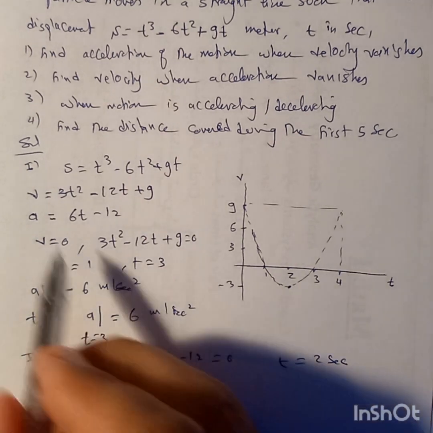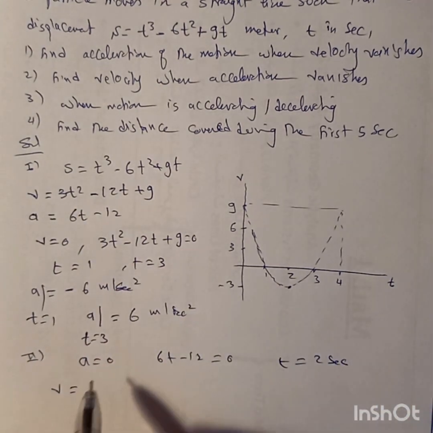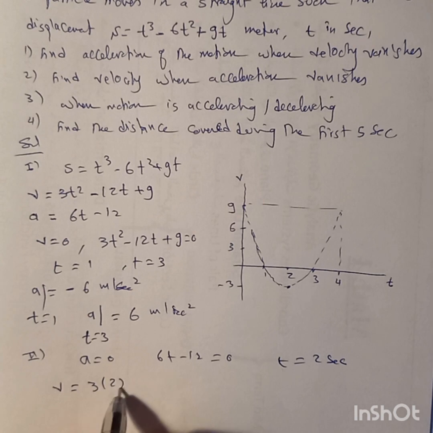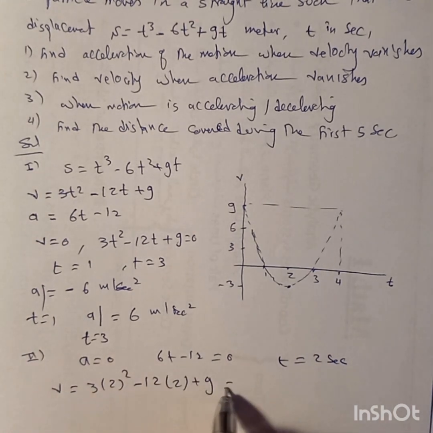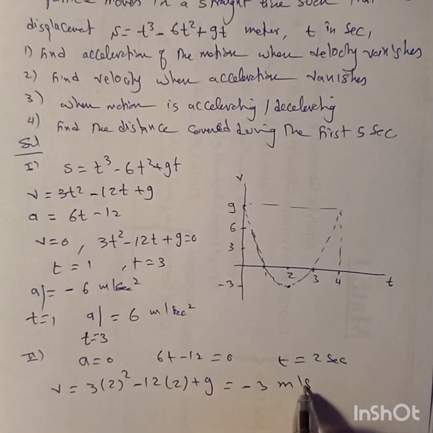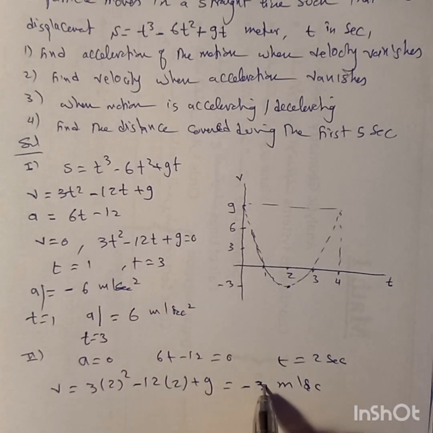Substituting, v equals 3 times 2 squared minus 12 times 2 plus 9, which is negative 3 meters per second. This is the required second.